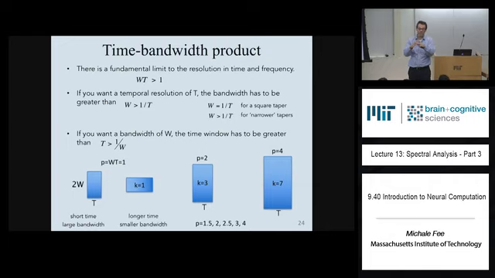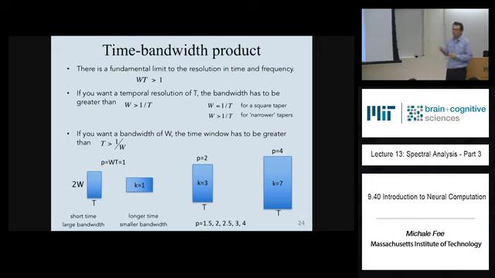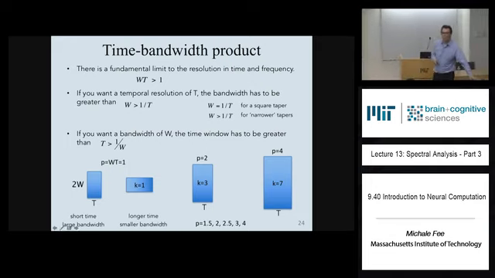If you really care about both time and frequency resolution, that's the trade-off you have to make. Otherwise, you can smear out more in time, maybe more in frequency, and you can choose a bigger time bandwidth product, in which case you get more tapers and a better estimate of the spectrum.